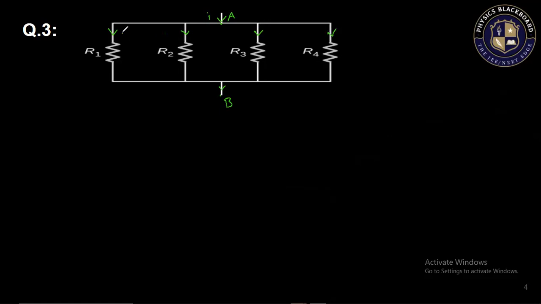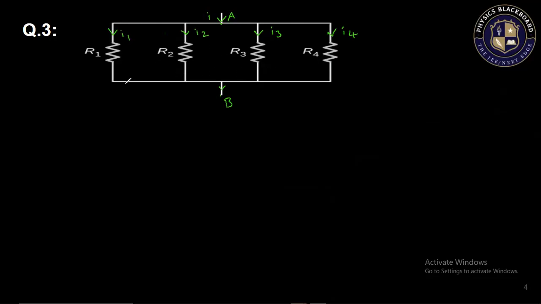Let's say the current across R1 is I1, across R2 is I2, across R3 is I3, across the fourth resistor I4. Now you can see that the current is dividing across each resistor.